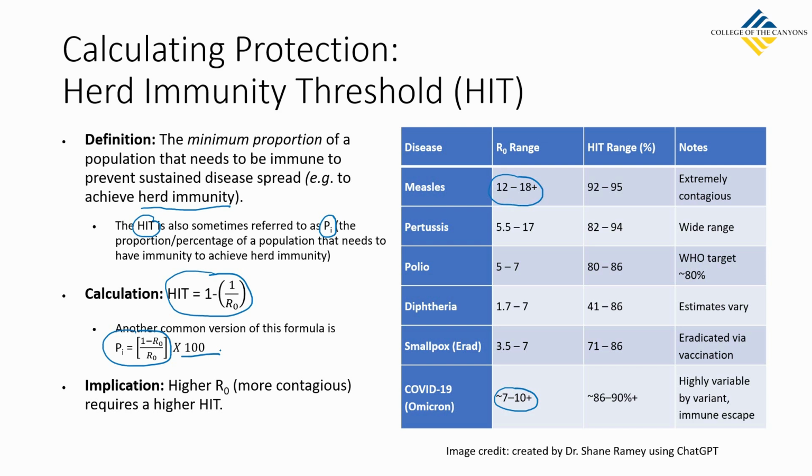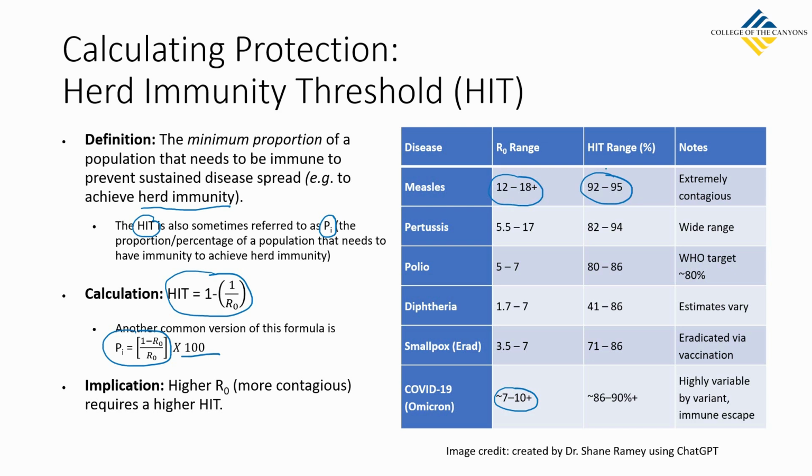When we know that we've achieved a particular vaccination rate, or a particular proportion of the population has been vaccinated, plus you can factor in what proportion has natural immunity from having had the disease, then you can estimate when we have achieved herd immunity. Some examples of these are like measles. The herd immunity threshold for measles is like 92 to 95%.